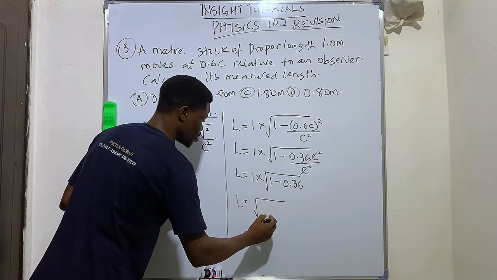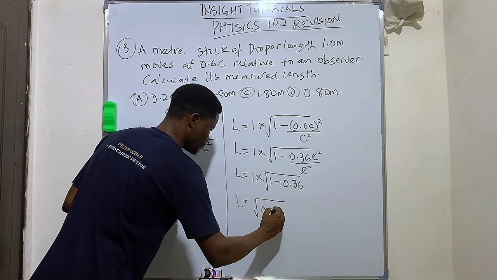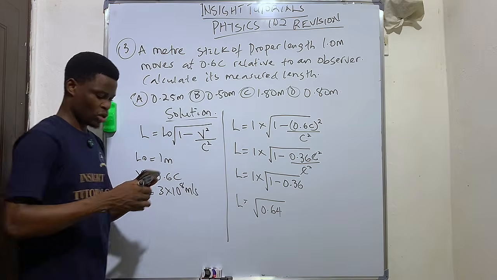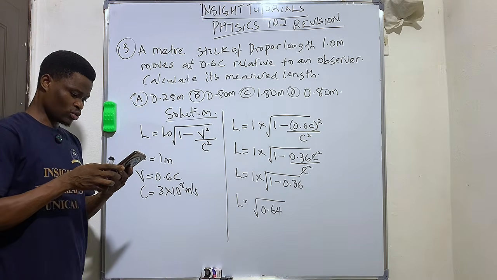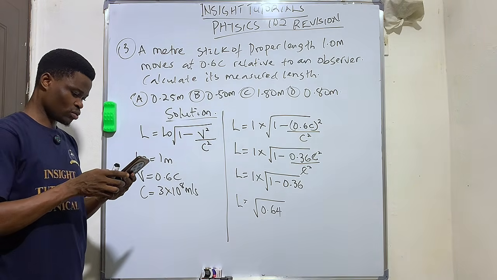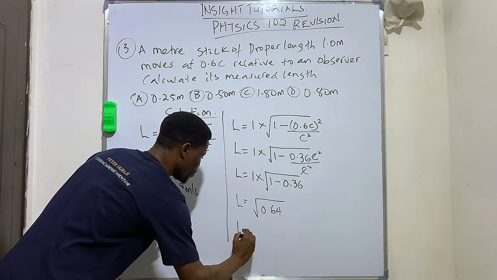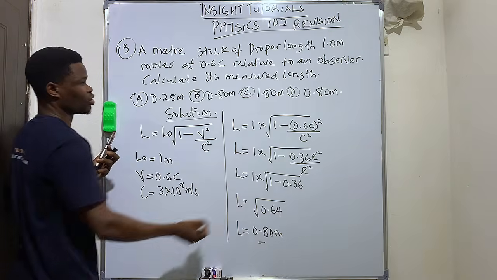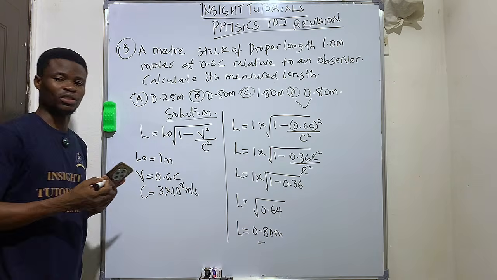So this is 1 minus 0.36, which is 0.64. So the square root of 0.64 gives us a contracted length of 0.80 meters. So the correct option is option D.